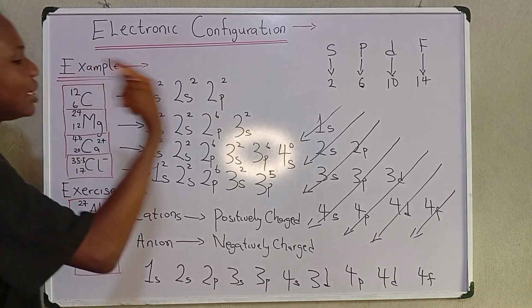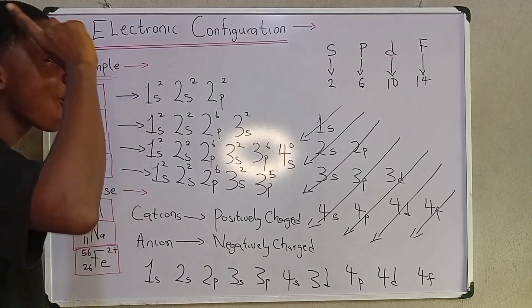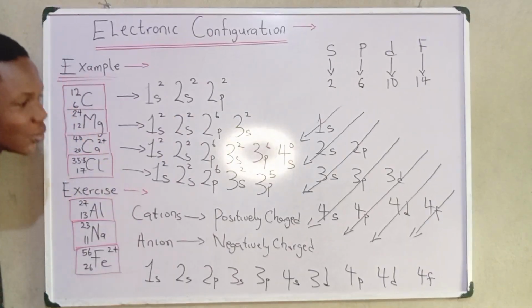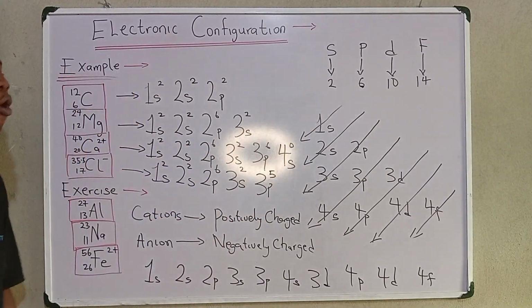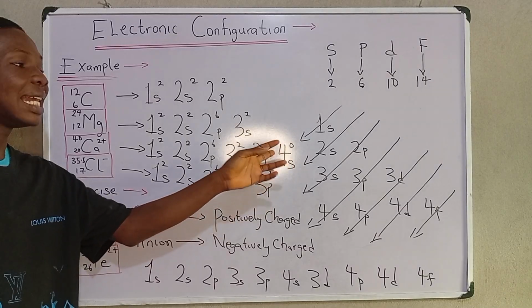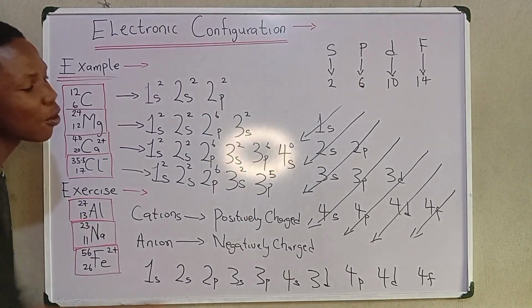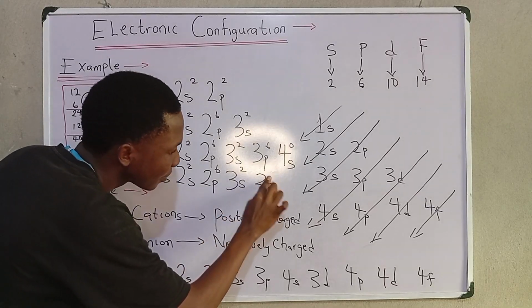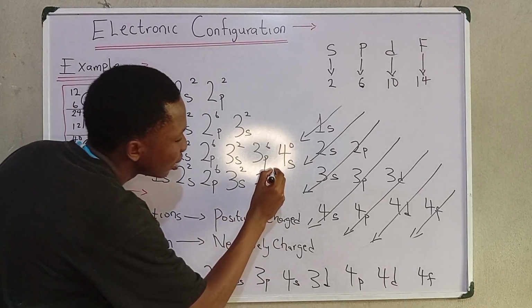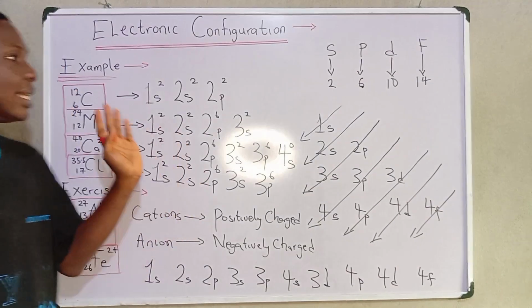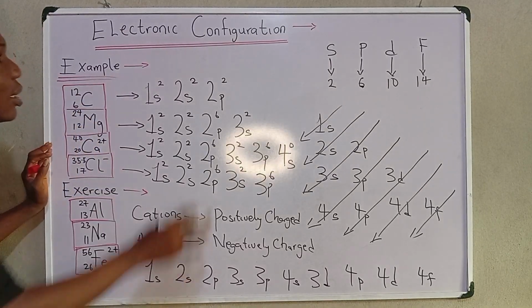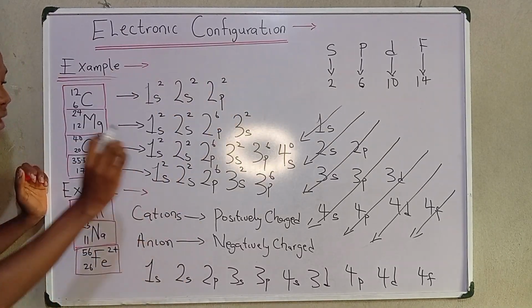That is why it's negatively charged, which means we have to add 1 electron. On that note, where are we going to add it? It is not like the previous one where we had to look for the highest energy level. We can just add it from where we stopped, which is the P. We can add it to be 6. Do you understand?